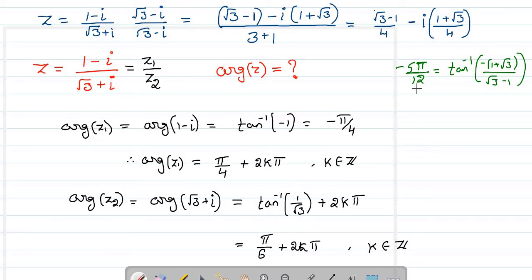You see, I am able to tell what is tan of 5 pi by 12. Of course, you can send that minus to the other side, so you can directly see what is tan of 5 pi by 12.